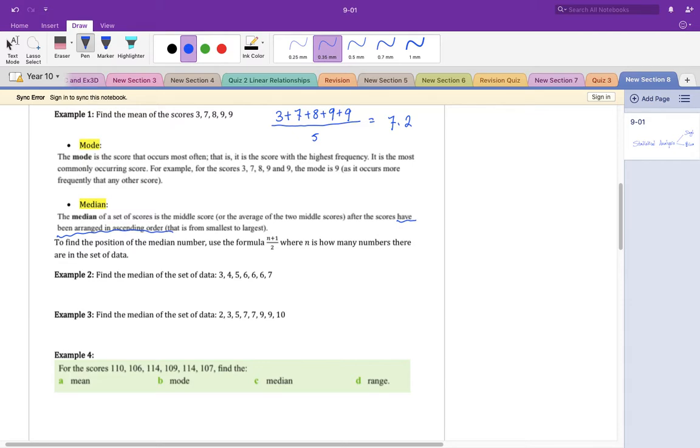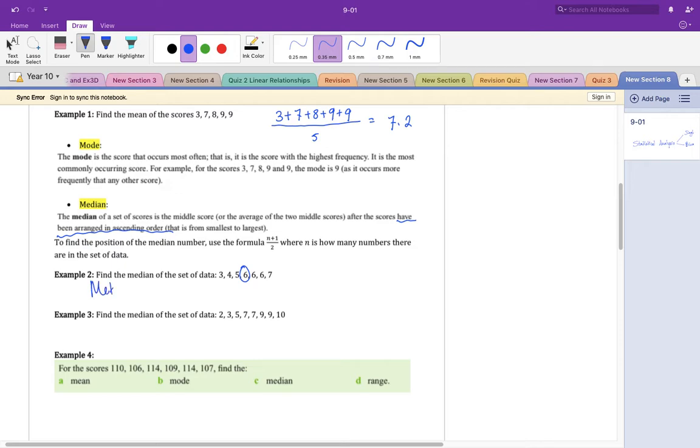For a small set of data, for example example 2, you can just by observation find out which number is the median. You will see that 6 is right in the middle because there are 3 numbers on each side, right? You can do that for a small amount of numbers.